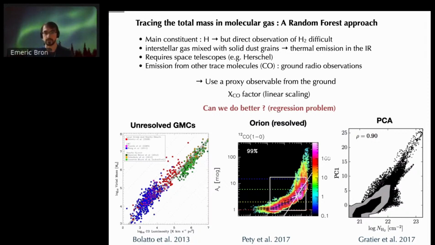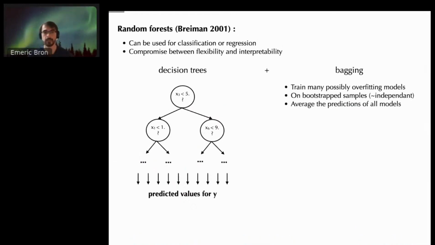So this is a typical regression problem where we want to predict a quantity, here the total column density of gas, based on different features, here the integrated intensities of different molecular lines. The machine learning tool that we used is called random forest.